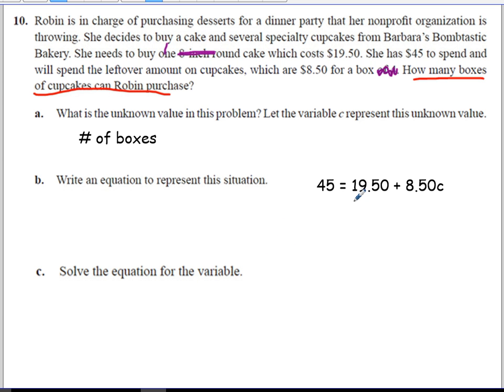So to solve the equation, we need to get rid of the 19.50 first on the right-hand side. Again, you're always getting rid of adding or subtracting first. And so we have to subtract the 19.50 from the 45 as well. So 45 minus 19.50 leaves us with 25.50.